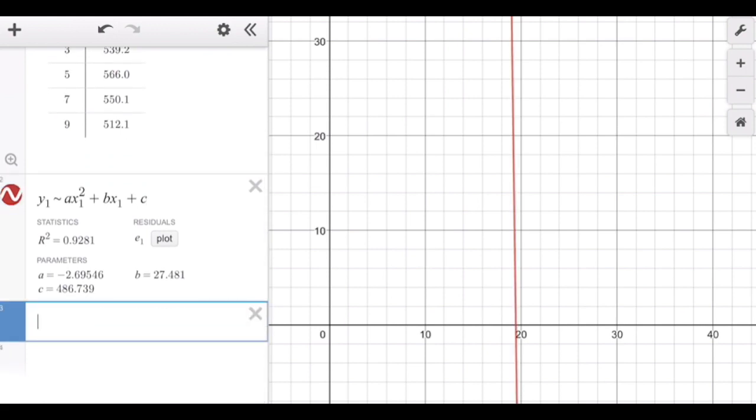I'm going to leave those values up there, and we're just going to move to the cubic function.